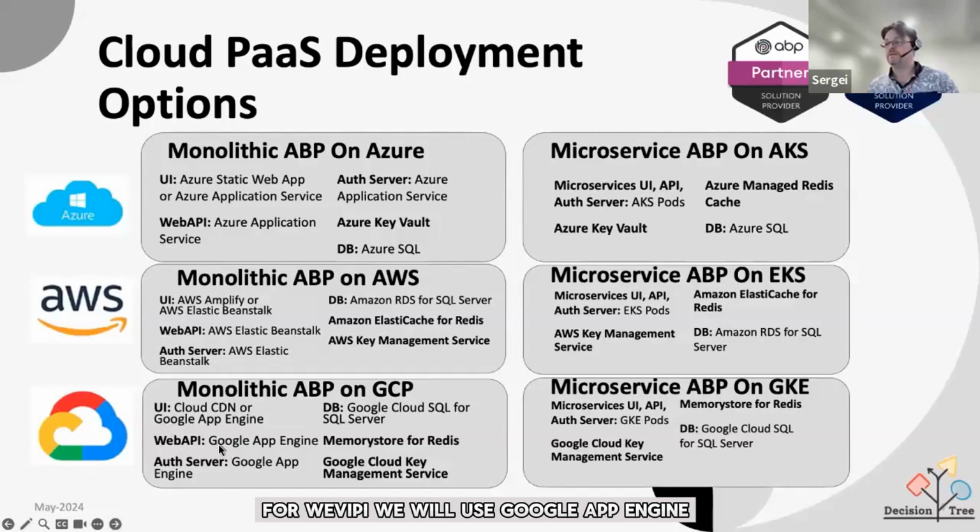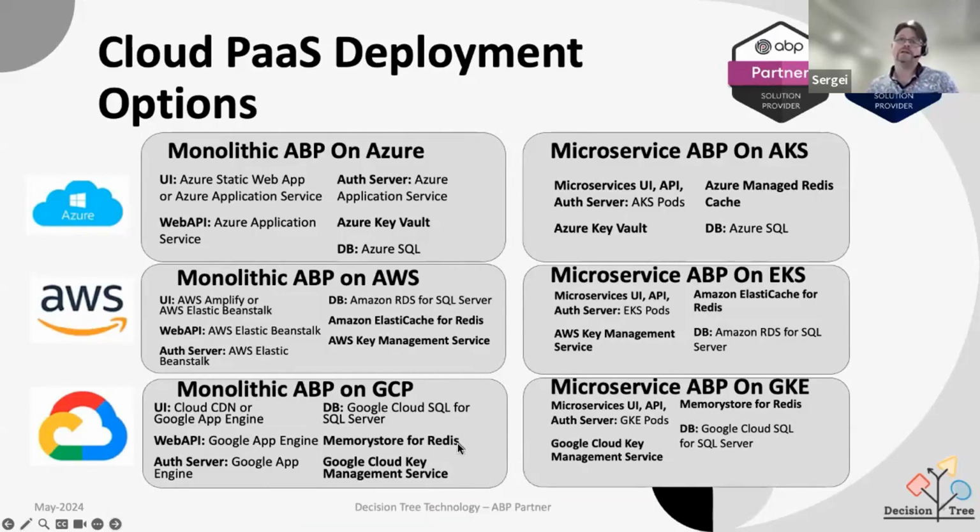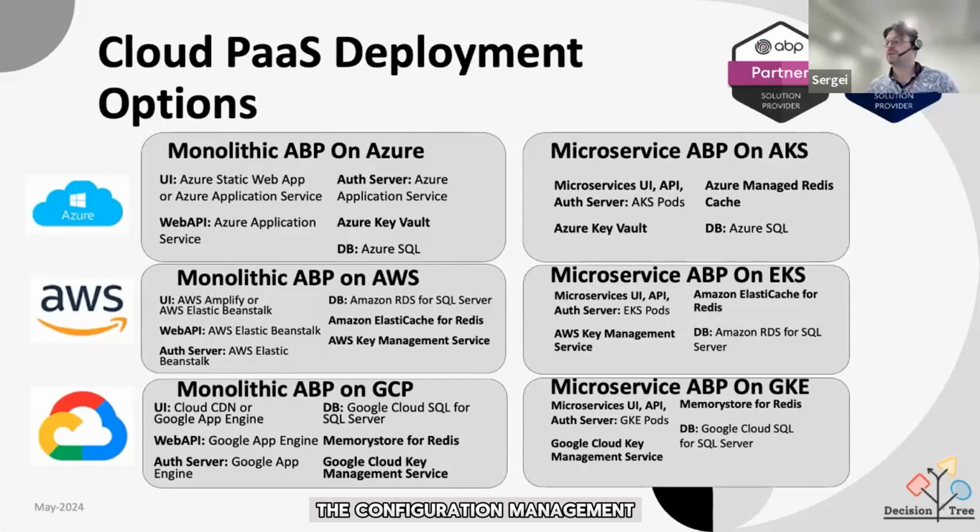For Web API, we will use Google App Engine, and if the authentication server is a standalone service, it will have to be hosted on Google App Engine. Redis, memory cache, and databases, the same applies as with AWS or Azure, and Google Key Management Service is the configuration management infrastructure of choice in that case.